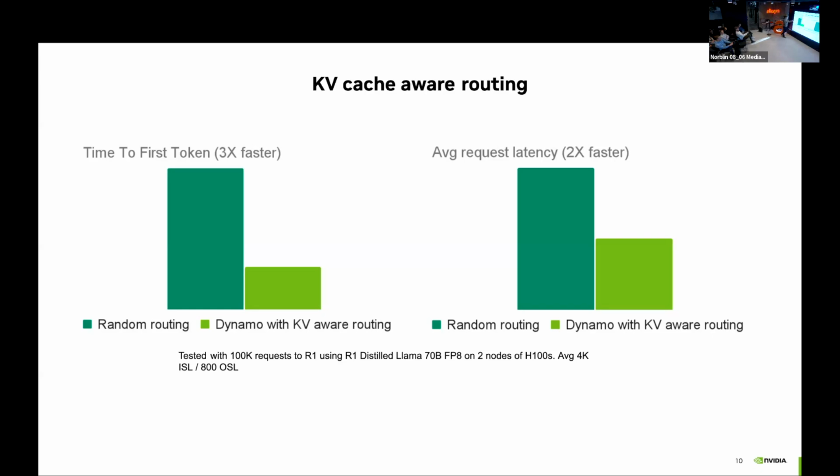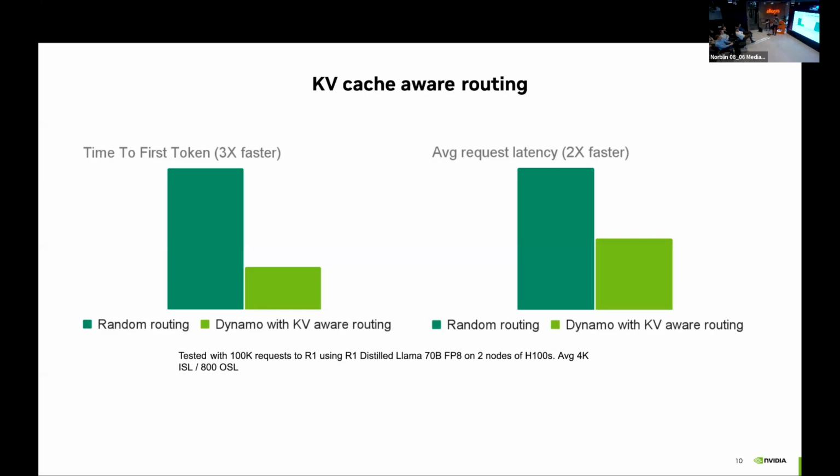So if you do random routing compared with Dynamo, for time to first token metrics, in this specific use case, it resulted in 3 times faster time to first token and 2 times faster average request latency.